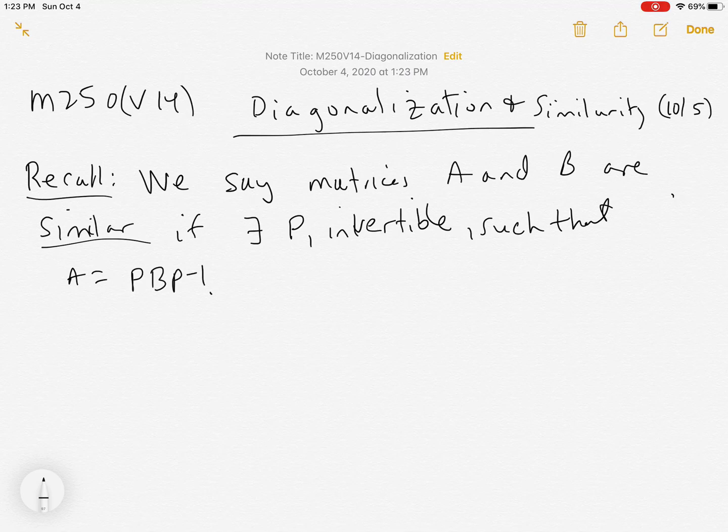All right, so this diagonalization stuff, which we use a lot of in this course and in linear algebra in general, is tied to this.